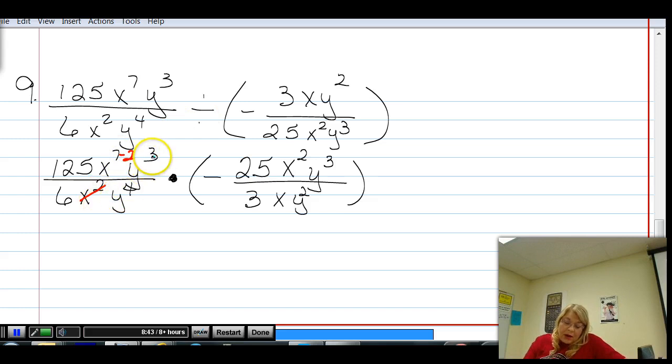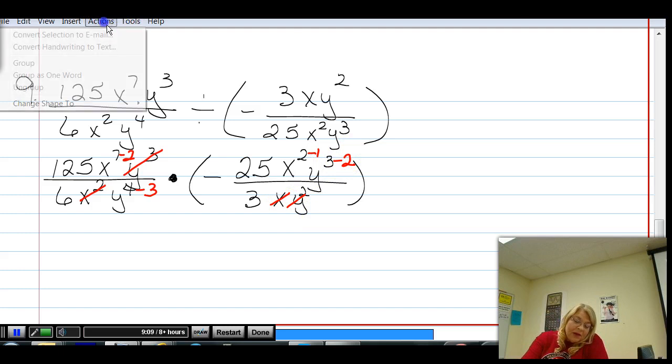And are there any y's in the denominator? And here I have y's over each other, but the numerator's power is smaller than the denominator's. I'm going to subtract that from the denominator. Then we go over to the 25. Nothing will divide it. I'm going to reduce that x and that y.